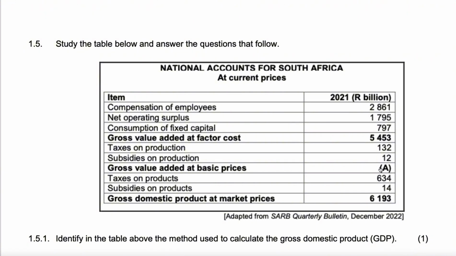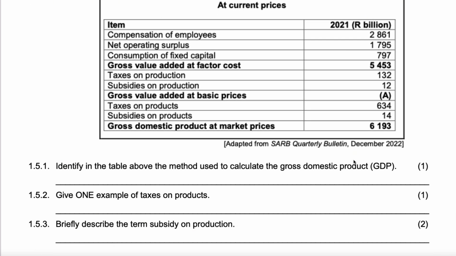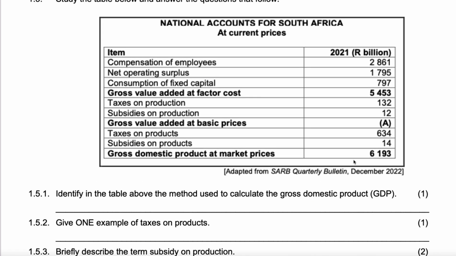They also removed basic price, but they removed the actual figure. There we had the figure. So expect to be asked to calculate. But we don't have a problem because we know how to do it. Basically, it's how do you convert factor to basic. You simply add this and subtract this, then you get this. So if they ask, it's going to be very easy. Okay, with that said, let's go to the questions.